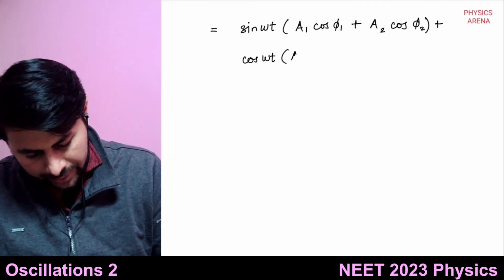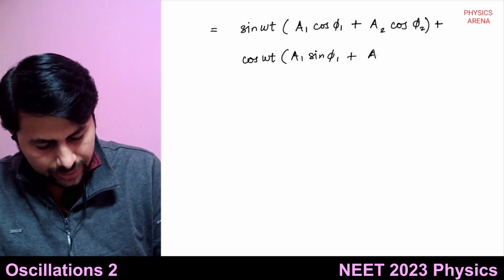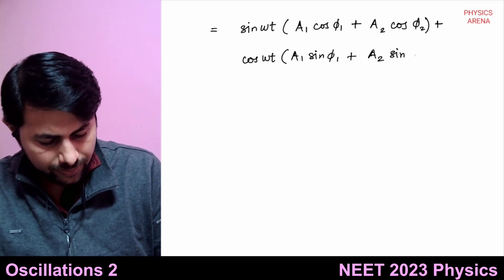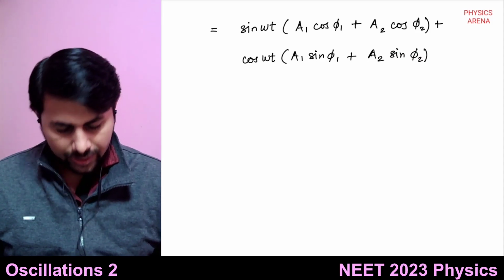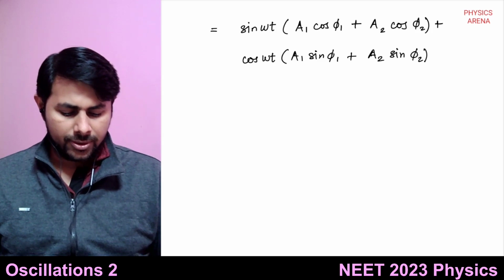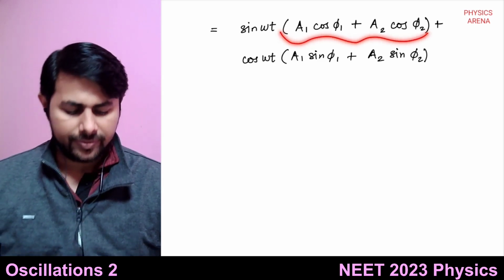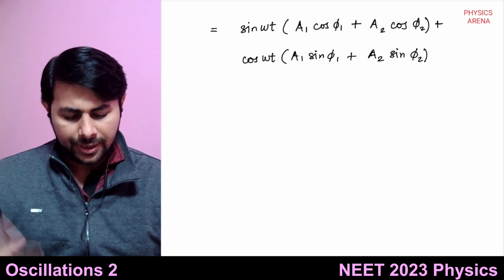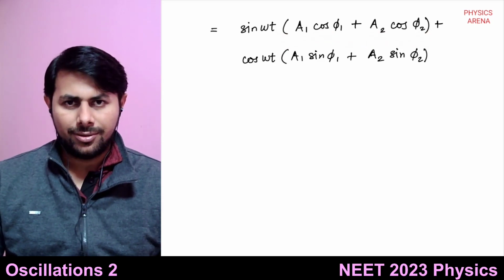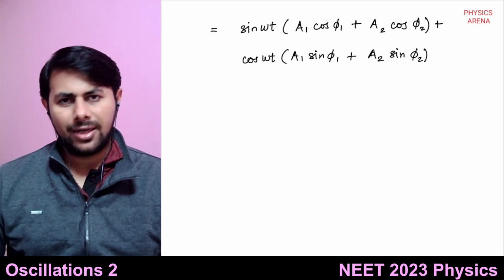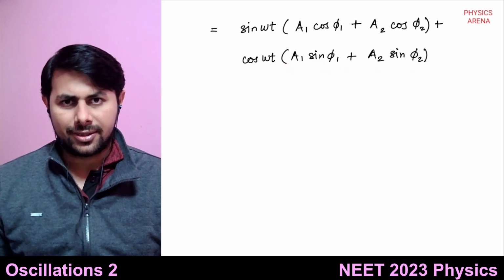So it's a1 sine phi 1 plus a2 sine of phi 2. Now we'll call this term some resultant amplitude r multiplied by cos of delta, and we'll find out that resultant amplitude. And this one, suppose r sine delta.